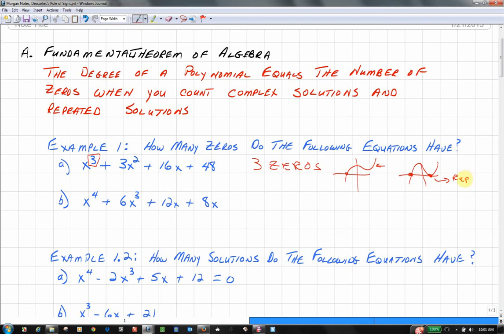So for this B, I will have 4 total zeros. For the next example, I would have 4 total zeros, either repeated or imaginary, or they could cross the x-axis. It could cross the x-axis 4 times, like that, or I may not see any.